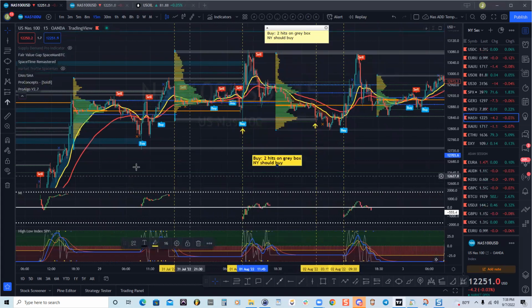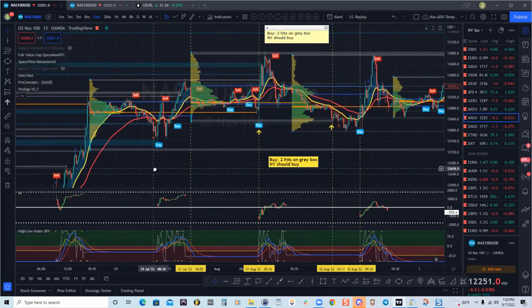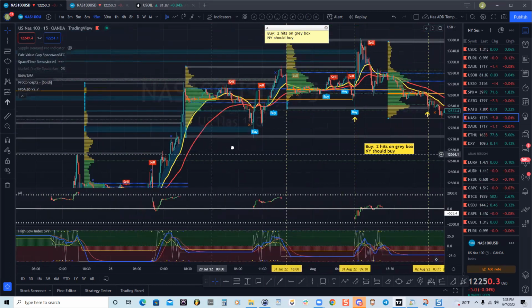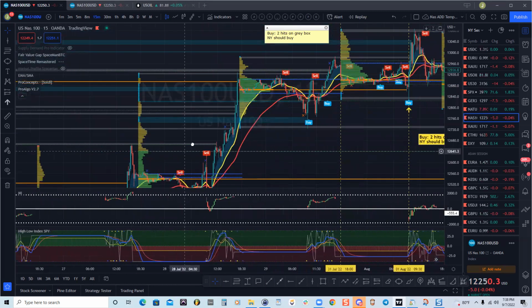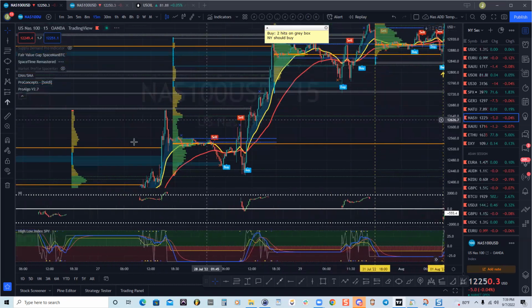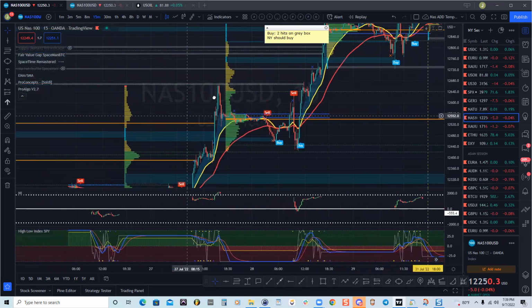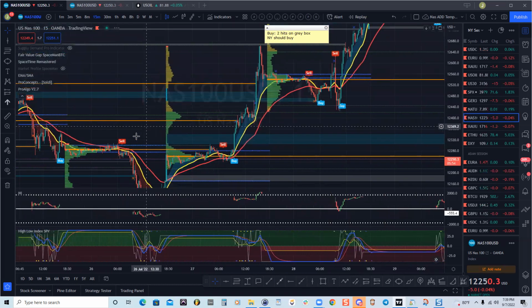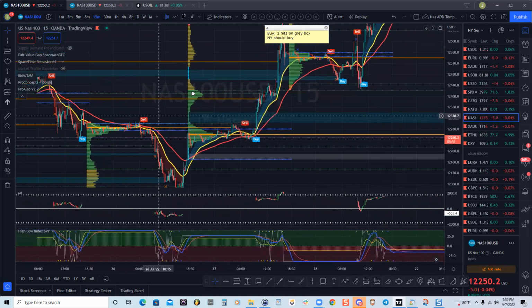Then you go back and backtest it again. 2 hits on any gray box, or sell. I'm looking for buys now. 2 hits on a gray box. It sells. It's an automatic sell coming in New York.